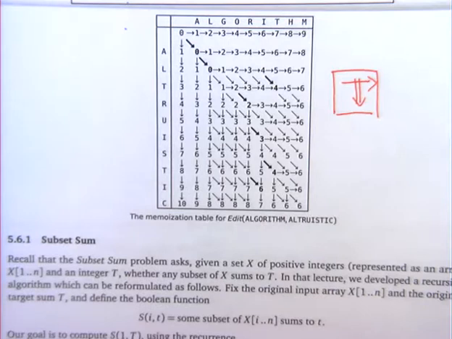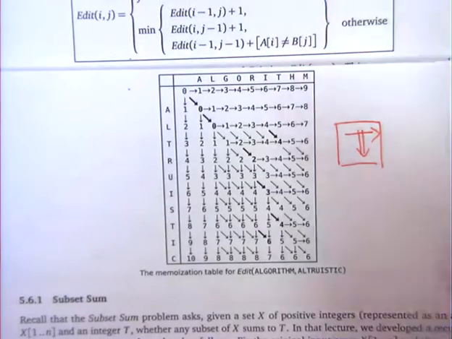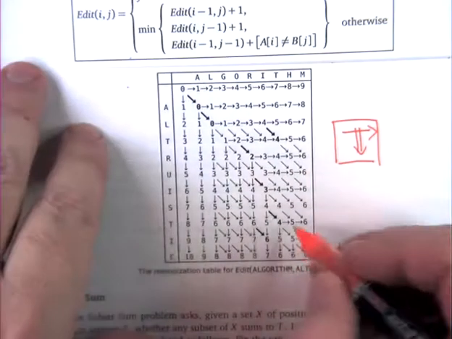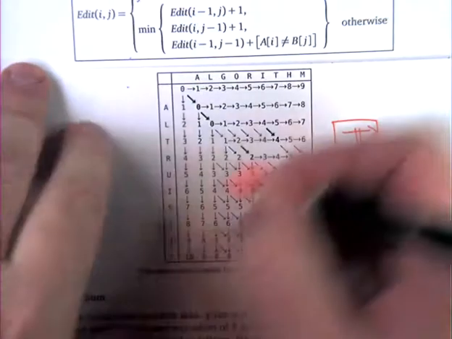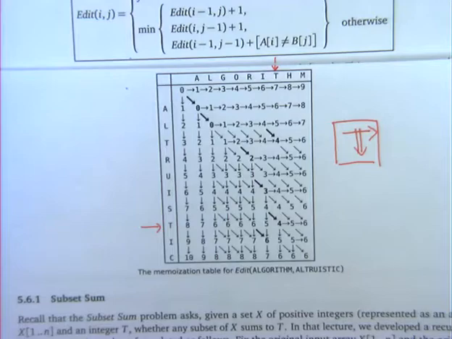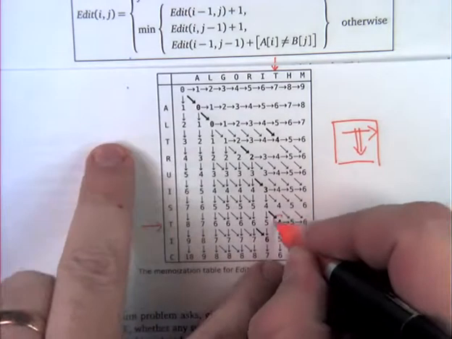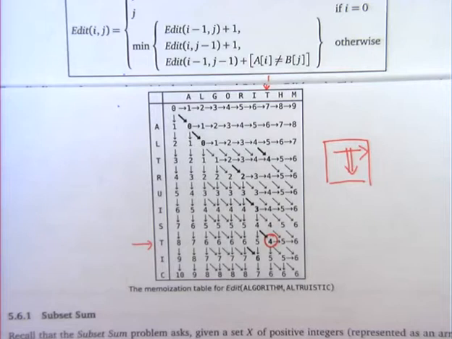Okay. And now if I actually fill in all the values, those numbers are what you get for that pair of strings, algorithm and altruistic. Ignore for the moment the arrows, but let me just focus on a particular value here. Let's suppose I'm trying to turn algorit into altruist. In other words, I'm trying to figure out what goes in this spot in the table.